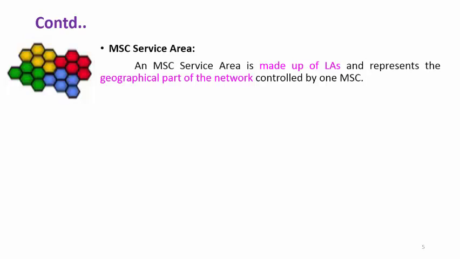Then the next one, that is the MSC service area. The MSC service area is the combination or group of the location areas. Here we can see the yellow, red, blue and green honeycomb blocks connected with each other.